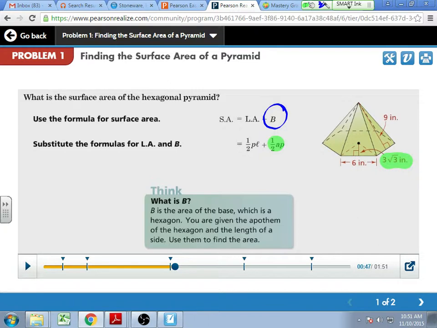So when you set this up, you're going to have 1/2 times 36 times the 9, then 1/2, we're solving the base area now because it's a regular polygon. We just use the 1/2 AP. So 1/2 times 3 radical 3 times, well, I still use the perimeter, 36.